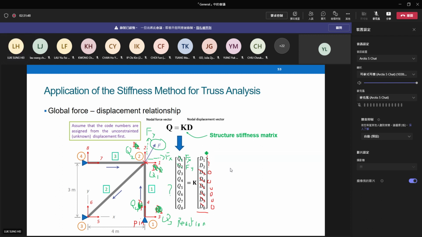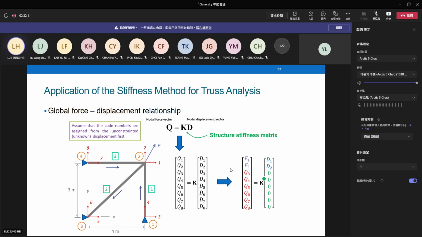Now, FX and FY are well defined, although I did not give you the numbers. In reality, you should know the loading, 100 kilonewton or 200 kilonewton. Put the given information back into these equations.